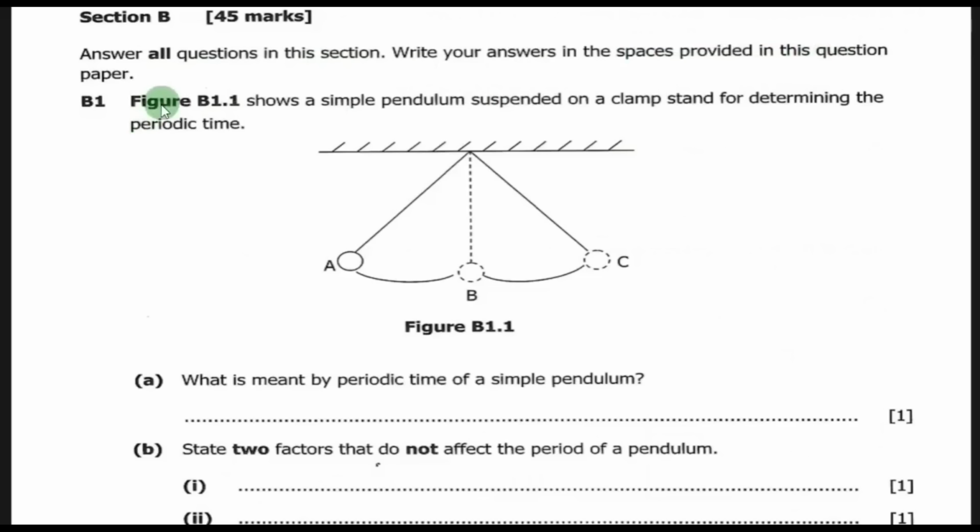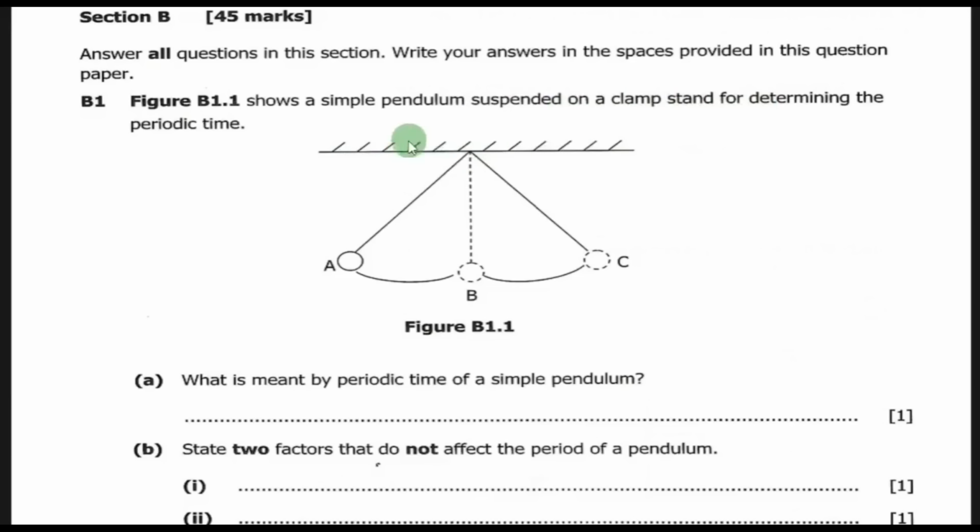Question paper. So let's start with B1, which reads, figure B1.1 shows a simple pendulum suspended on a clamp stand for determining the periodic time. So they haven't suspended it on a clamp stand here.